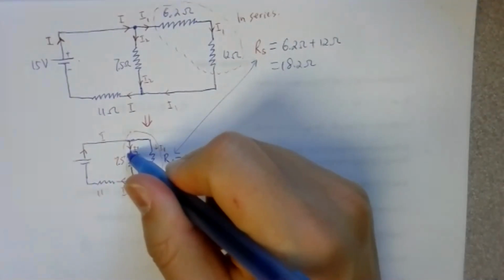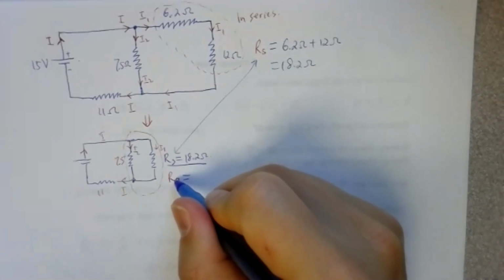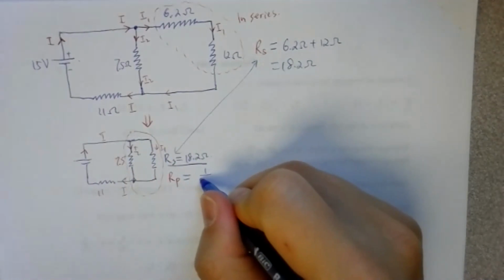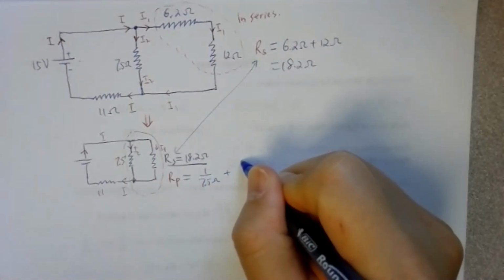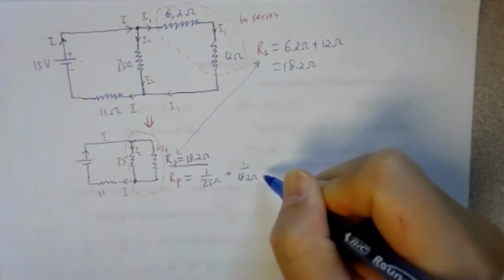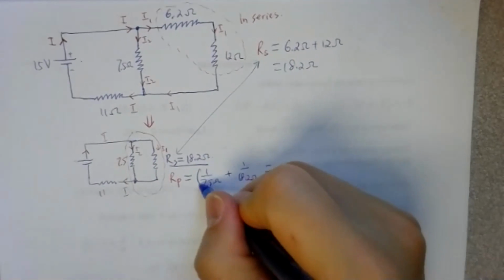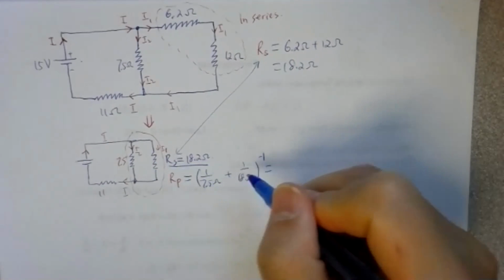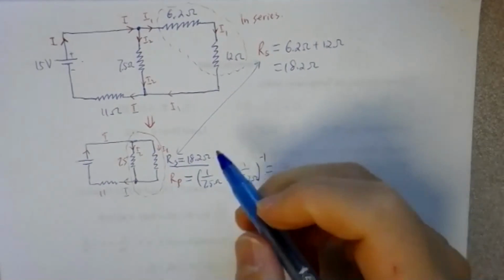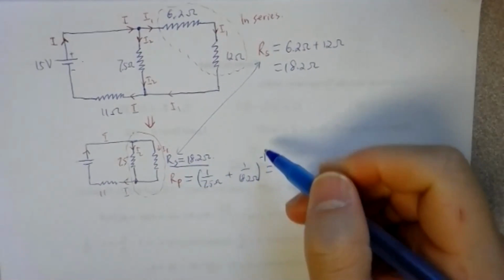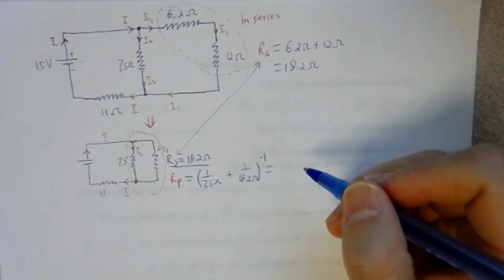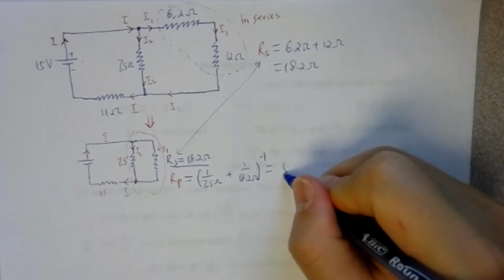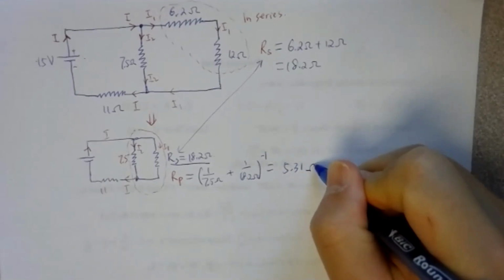You identify that those two are in parallel, and you can solve for R equivalent for those two. So 1 over RP should be equal to 1 over 7.5 plus 1 over 18.2. So then RP will be equal to this inverse. You can calculate that, and that will tell you this is 5.31 ohms.